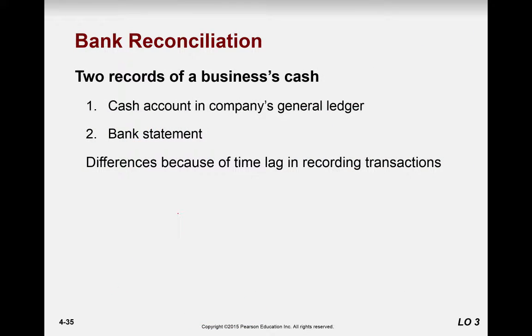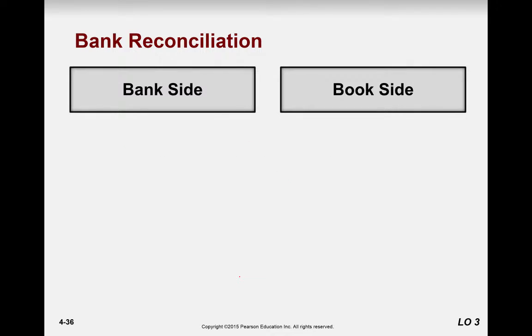So what you're going to need, right? First and foremost, you need your bank statement. Secondly, you need your general ledger, usually the transaction detail report that tells you the ending balance in cash for your cash account, and then it tells you all the debits and credits. And the differences are usually timing differences. So we're going to have the bank side and the book side.